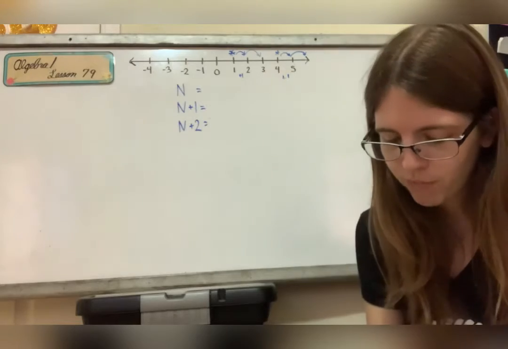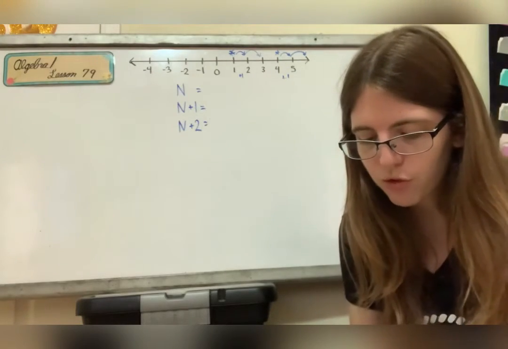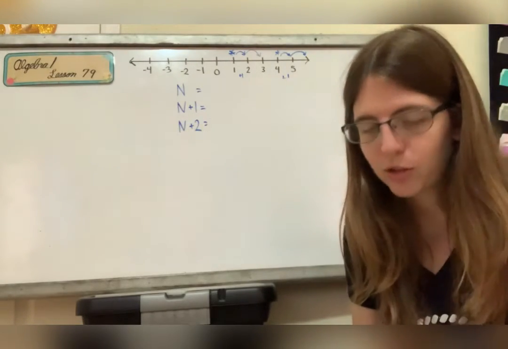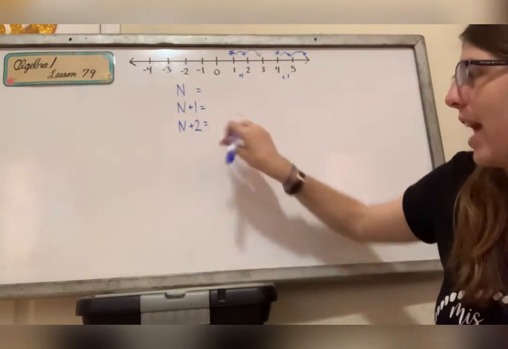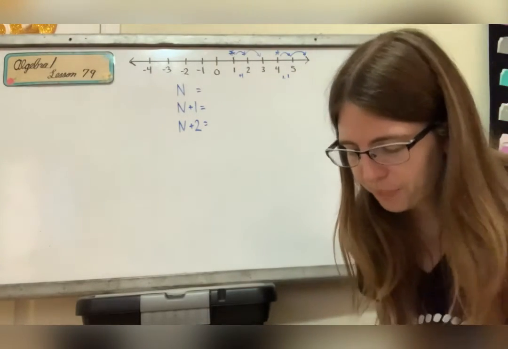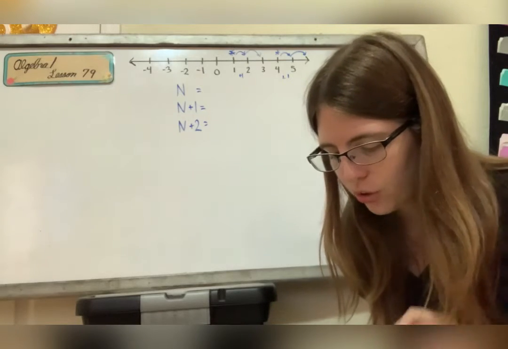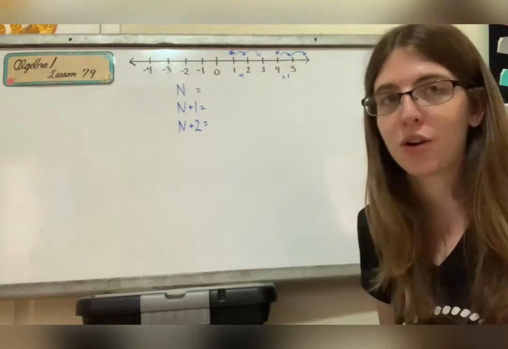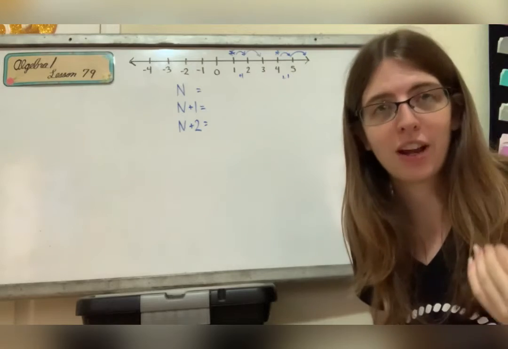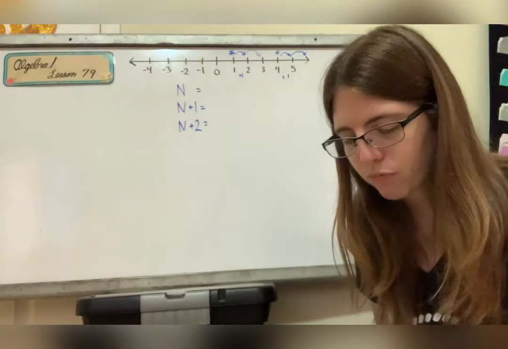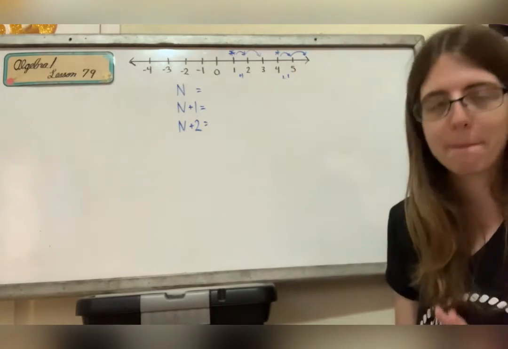Okay. It says find 3 consecutive integers. So we already have our 3 consecutive integers written out, such that twice the sum of the first 2 is 2 less than 3 times the third. Okay, think about this very, very carefully. Go through it piece by piece.